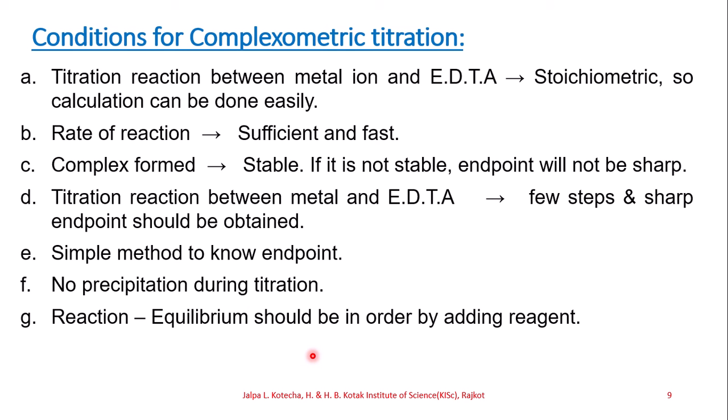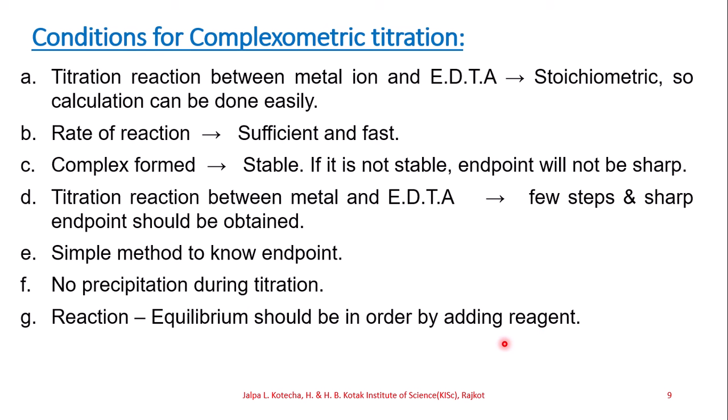Now see, whenever we are doing any of the titrations, you are given a method, the steps that you have to follow. So this equilibrium is established, the reaction occurs in that order as we go on adding the reagent.